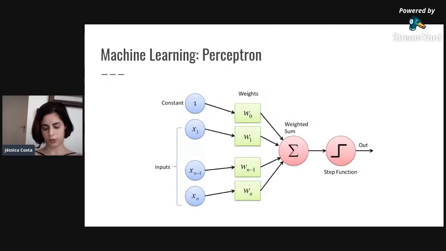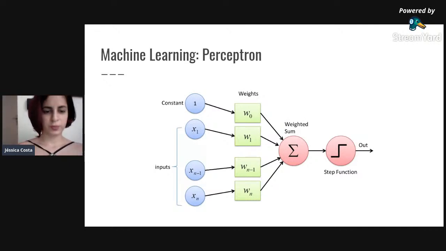I like so much to show this perceptron because I use neural networks in my analysis. Deep learning is a big topic to work with genomics because we need many data. We need inputs.